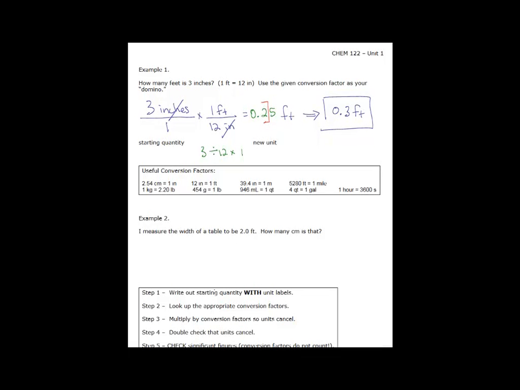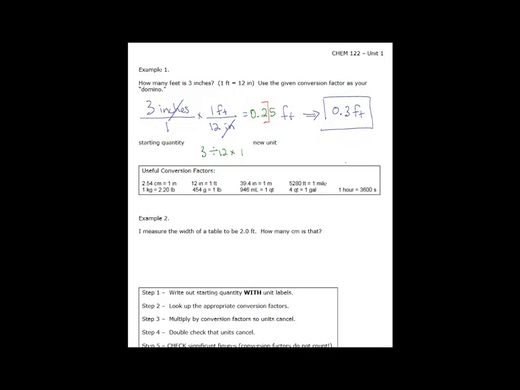Okay, so I have some useful conversion factors in the square for you. There are conversion factors in your textbook in the conversion section as well as the back of the book, kind of on the hardcover. On quizzes and exams, conversion factors will be given to you. We do not expect you to memorize conversion factors, but we do expect you to know how to convert from your metric prefixes.